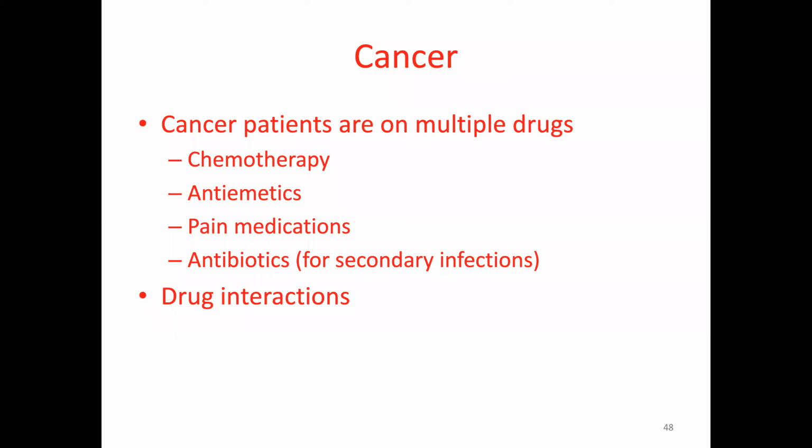Many of these cancer patients are going to be on pain meds. A lot of them are susceptible to secondary infections because the chemotherapy interferes with their blood cells, so they're on antibiotics. You've got to deal with drug interactions with potential antibiotics or even side effects from the antibiotics.